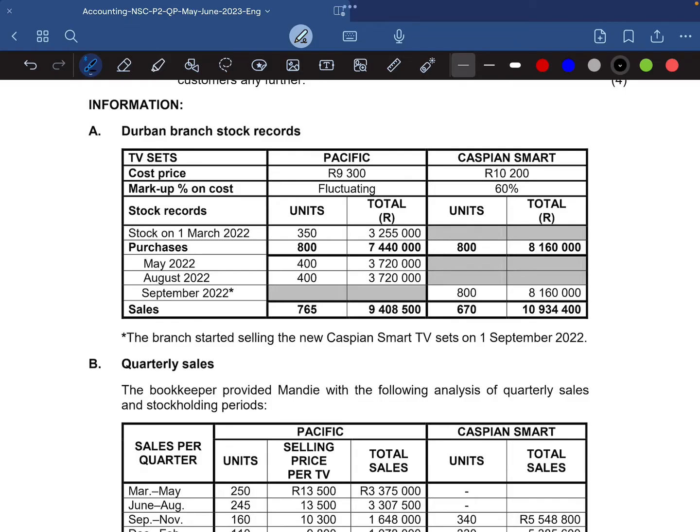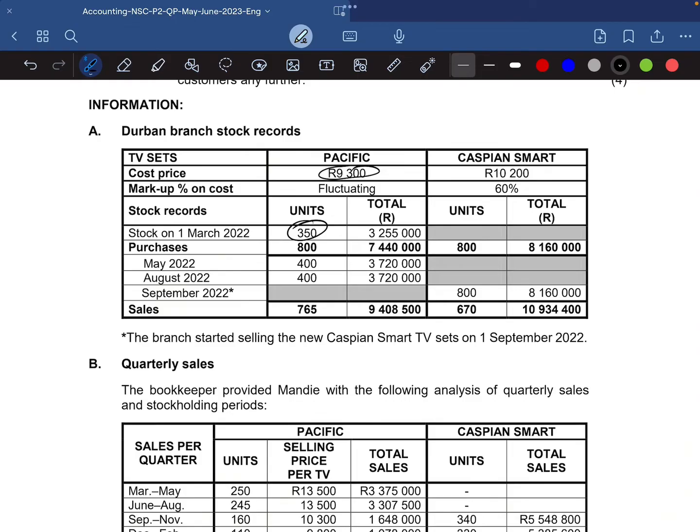The cost price is 9,300 per unit. We have units on stock, or stock on hand when we started the year on 1 March 2022, which is 350.